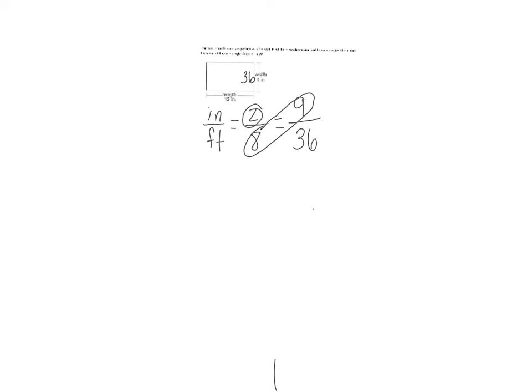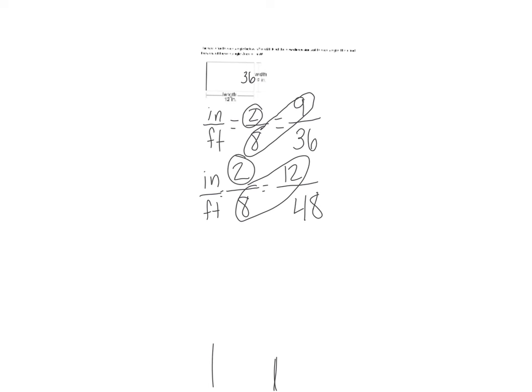Then I'm going to find the actual length of the length. I'm going to use the same scale as 2 inches equals 8 feet, but now I'm doing it for 12 inches. So I have 8 times 12 is 96 divided by 2 is 48, and then I'm going to write that up next to the length.